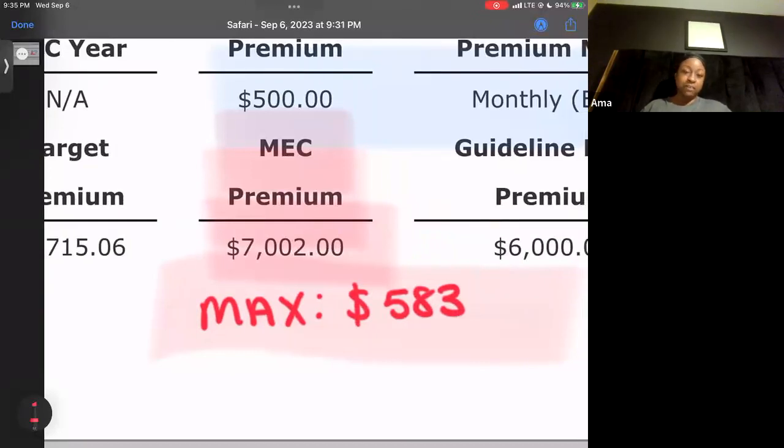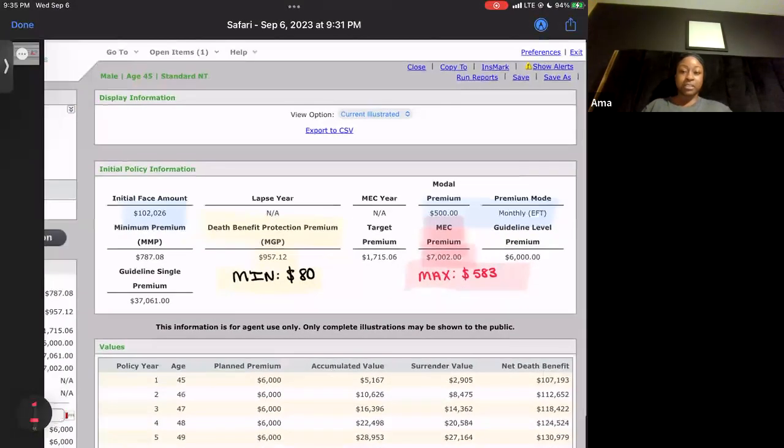MEC stands for Modified Endowment Contract, and this number is regulated by the IRS. If you pay any more than $583 a month, you will be taxed, and we do not want that to happen. So keep in mind that the max you can pay towards your policy a month is $583.